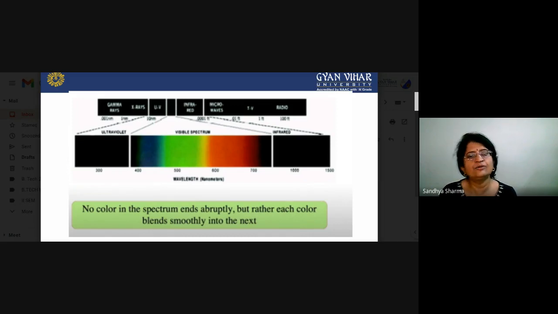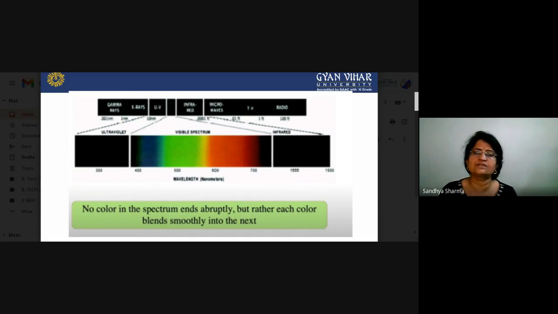We can see that no color in the spectrum ends abruptly; rather, each color blends smoothly into the next one, meaning there are different shades. If we turn from the red part and move to the green, there may be some intermediate colors in between these two.